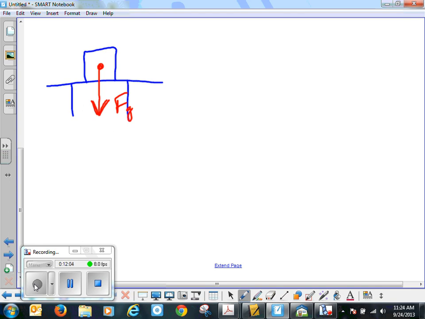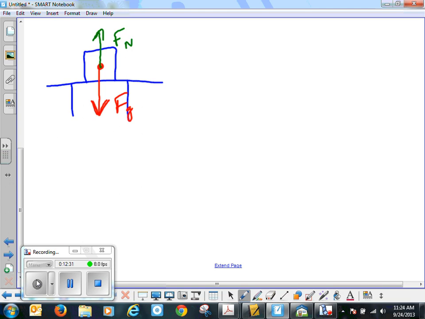Now, are there any other forces acting on this object? Keep in mind this thing is at rest on the table. We got a kid from physics last year who said the force of the normal. So what in the world is the force of the normal? There are kind of two definitions. First of all, normal is perpendicular to the surface.